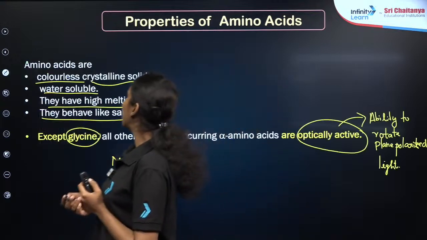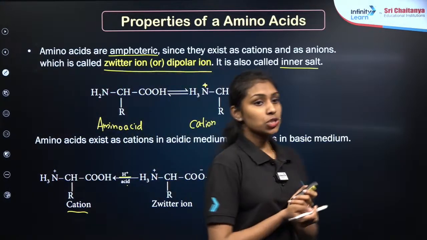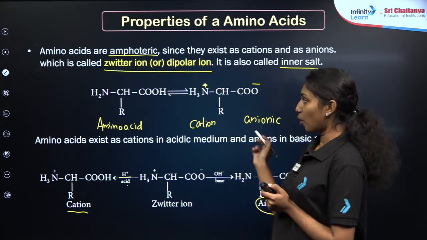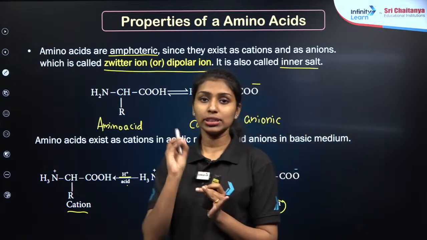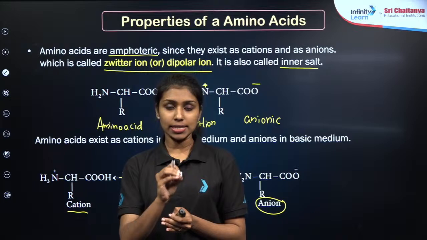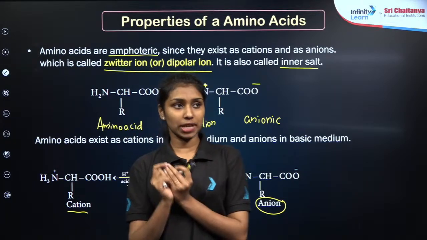Now, we are moving to the properties. We have to identify the zwitterion property, right? Yes, it will form a zwitterion. This is the zwitterion property or the amphoteric nature. Amphoteric nature means it will react with both acid as well as base, right? So, for amino acids, this amphoteric nature is explained by the zwitterion property.